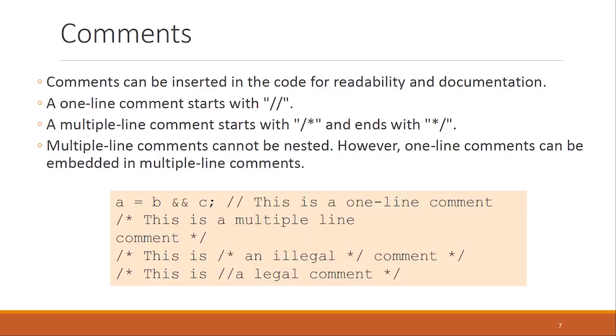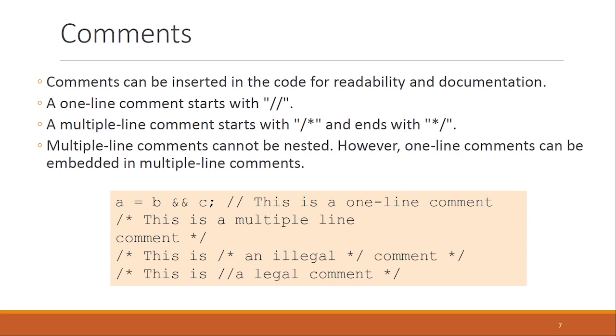If we talk about comments that can be used in Verilog, comments can be inserted in the code for readability and documentation, as you already know. A one line comment starts with 2 slashes.